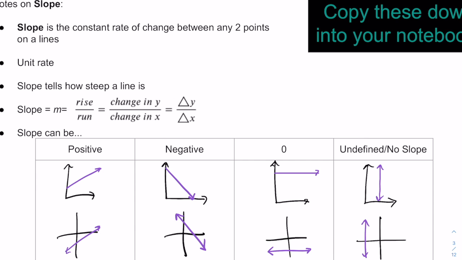And so the tricky part to notice is that there is a difference between something having zero slope and something having no slope, which is something new, right? Because for you, historically, no and zero kind of matched up. For example, if you had no apples, you had zero apples. That is not the case here. Zero slope and no slope are two completely different things.